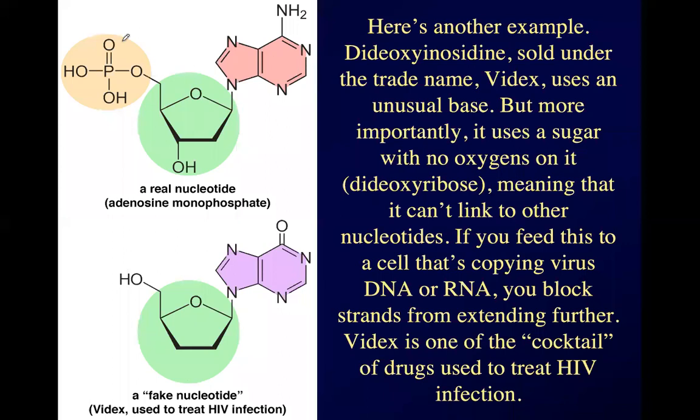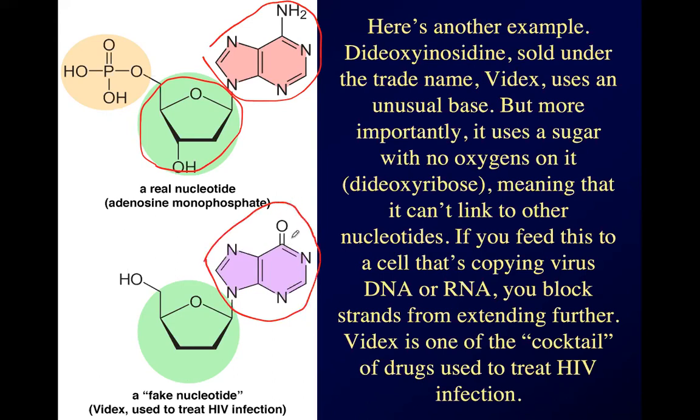One last one, dideoxyinosine. That's an actual nucleotide with our friends, the phosphate, the sugar, and there's the base. That's adenine. And then the drug Videx uses a different base. It's actually called hypoxanthine right there.